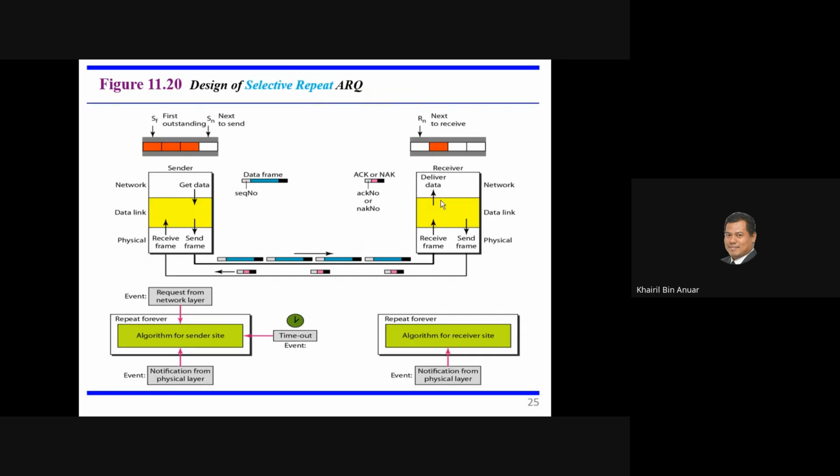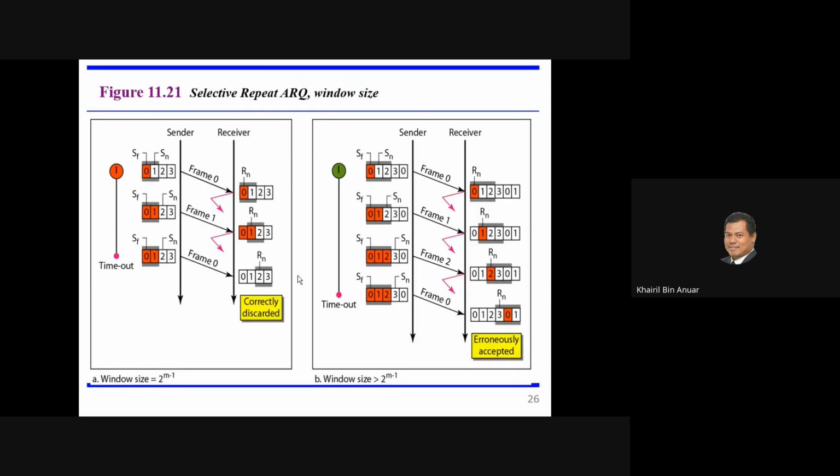Same thing, that is the ARQ for the selective repeat. So this is the scenario. Now the window is equal to 2. You send frame 0, frame 1, you didn't receive it after the timeout, so you resend frame 0, same as the previous one. And then here you have a sliding window of 3. The window is equal to 3.